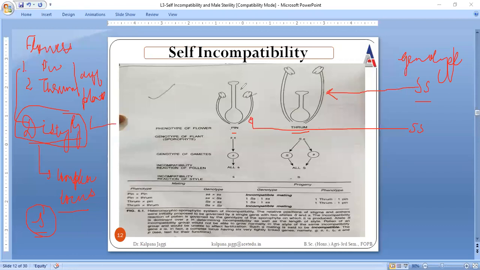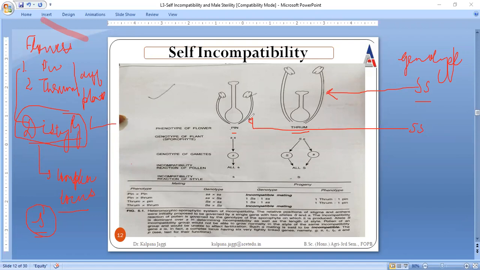Now why in one case is the style long and in the other case short? This in turn is controlled by a complex locus, that is S. When we have capital S small s, the morphology is thrum. When we have small s small s, the morphology is pin.